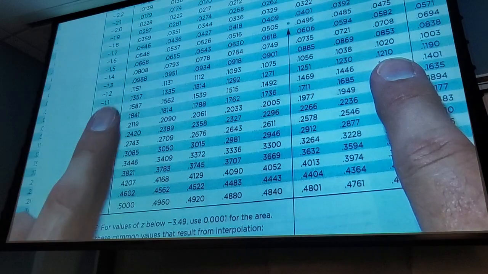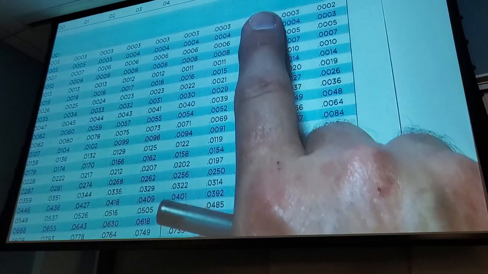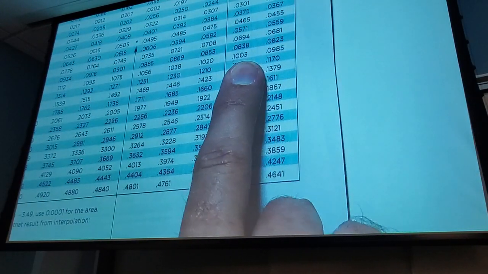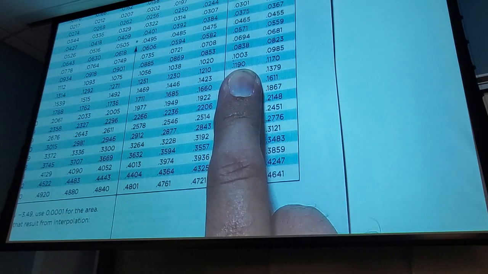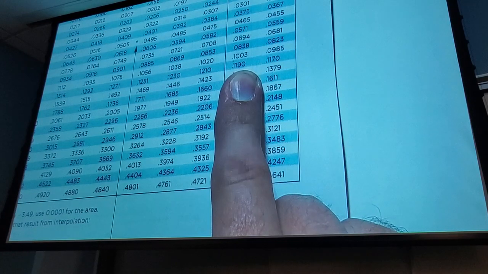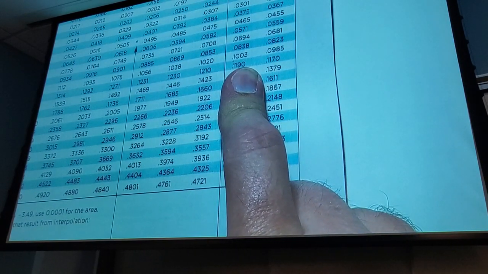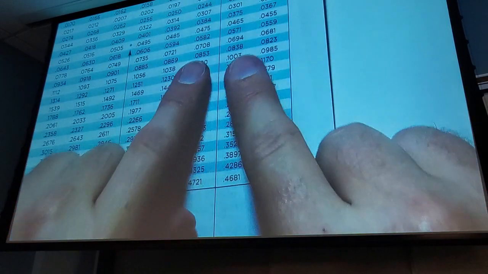You guys see how to see it? It's negative 1.17, right? And what's this one? The other one that's equidistant. There it is. Negative 1.18, right? So then the right answer is negative 1.175, right in the middle, because aren't these equidistant?